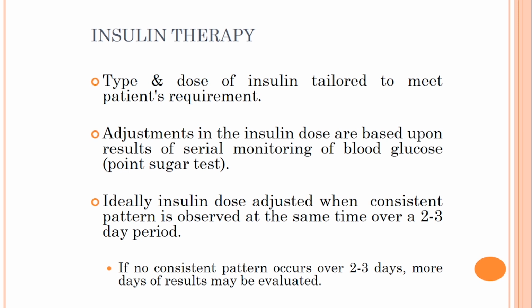There should be adjustment in the insulin dose based on the point sugar test, whether it is a 2-point, 3-point, 4-point, or 6-point sugar test. Adjustment of insulin is based on the values obtained. Ideally, the adjustment should be over a 2 to 3 day interval.